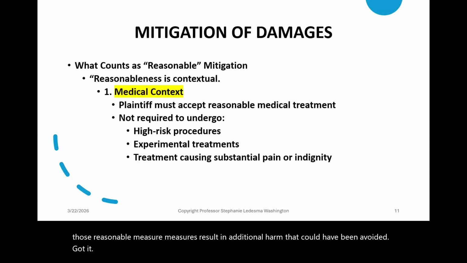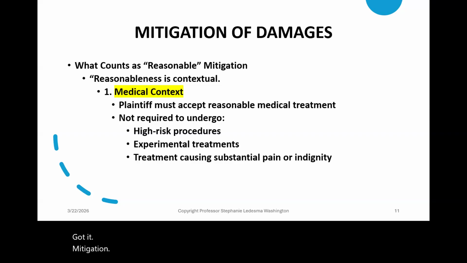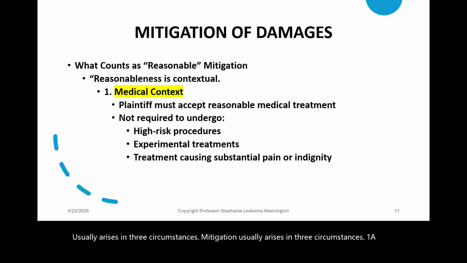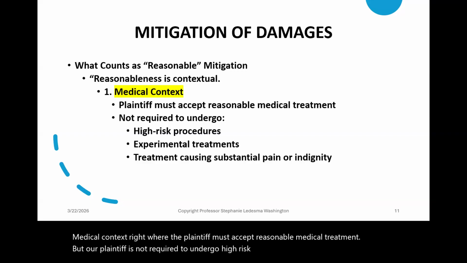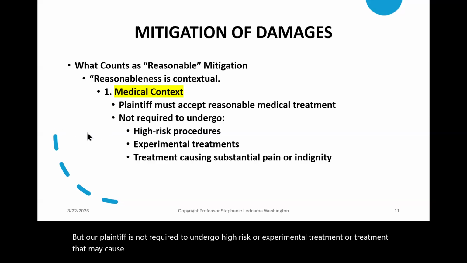Mitigation usually arises in three circumstances. One, a medical context, right, where the plaintiff must accept reasonable medical treatment, but our plaintiff is not required to undergo high risk or experimental treatment or treatment that may cause substantial pain or indignity.